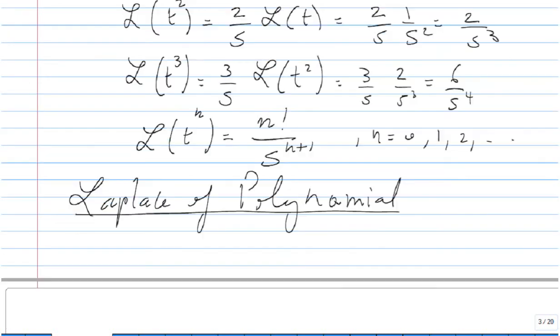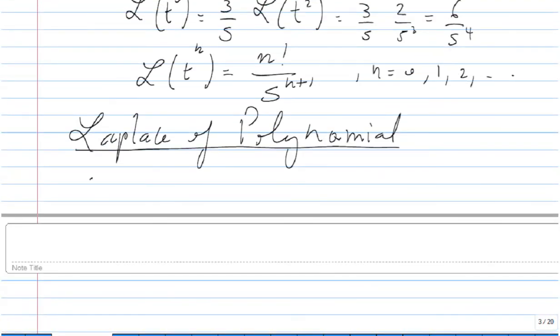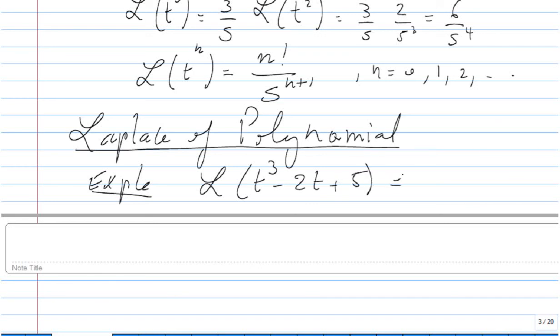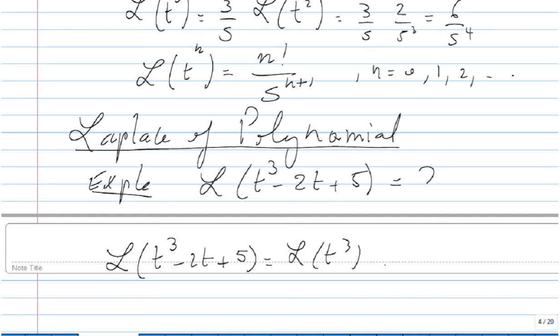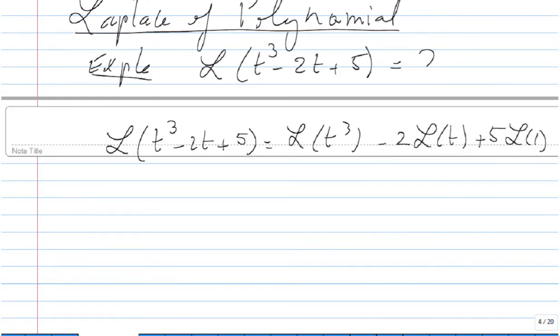Okay? So for example, if we take the Laplace of t cubed minus 2t plus 5, we use the linearity of Laplace, so that's the Laplace of t cubed minus 2 times the Laplace of t plus 5 times the Laplace of 1, using the basic properties of Laplace.